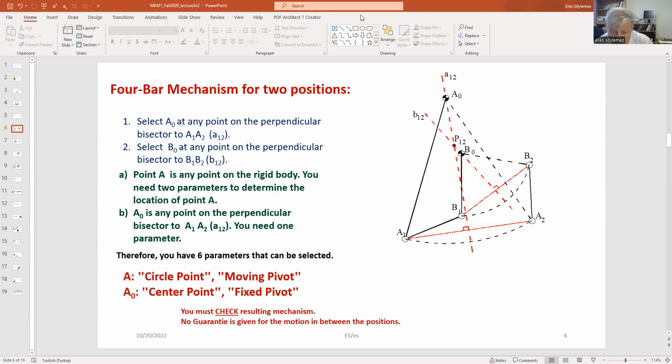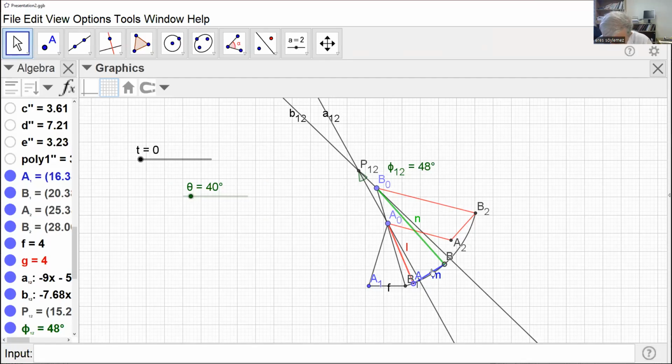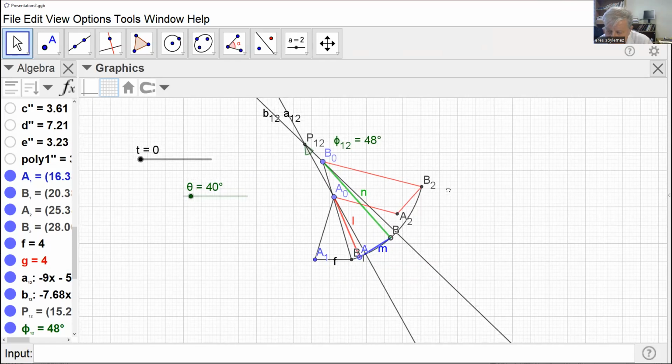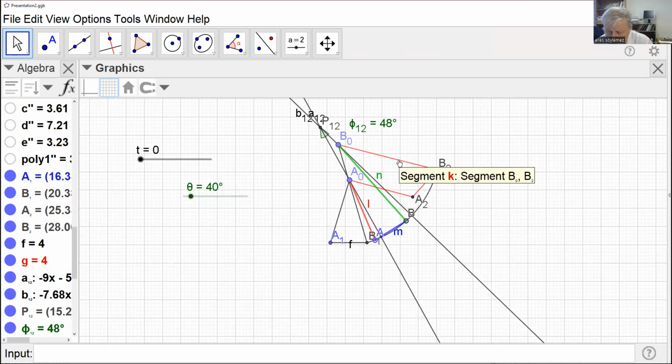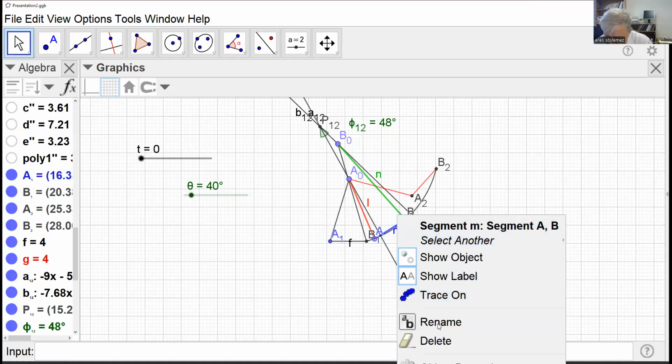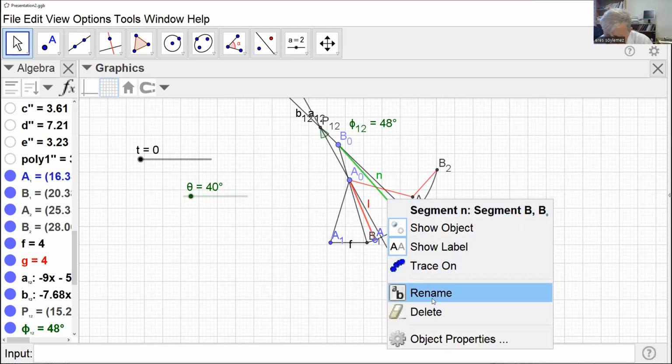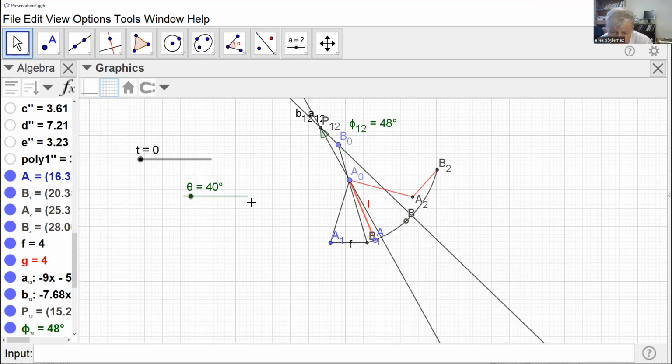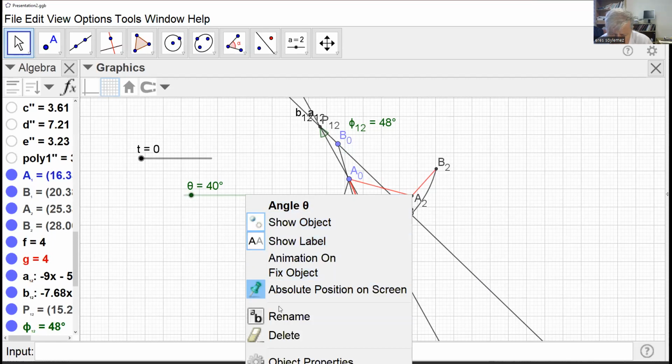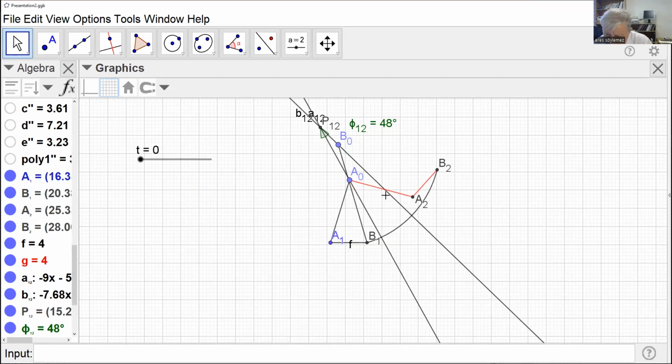New shape. Now I will again erase this 4-bar. I'll simply keep the first two positions. Okay, I think if I erase this, those will be erased.